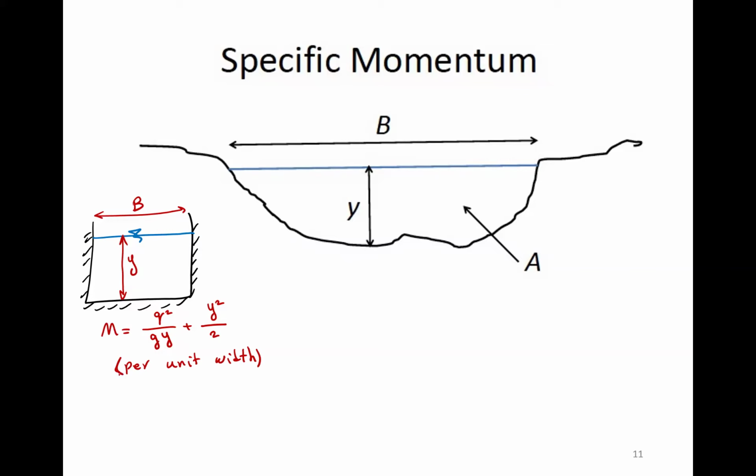This was the equation for specific momentum. If you remember, the terms in our specific momentum, especially the second term here, actually came from the hydrostatic force. Remember, force was equal to 1/2 of gamma y squared times b in rectangular channels.